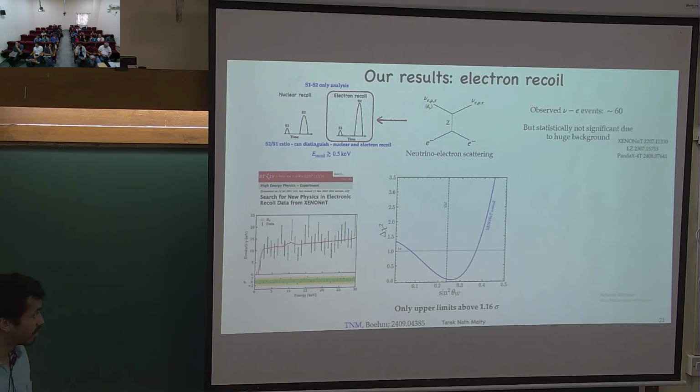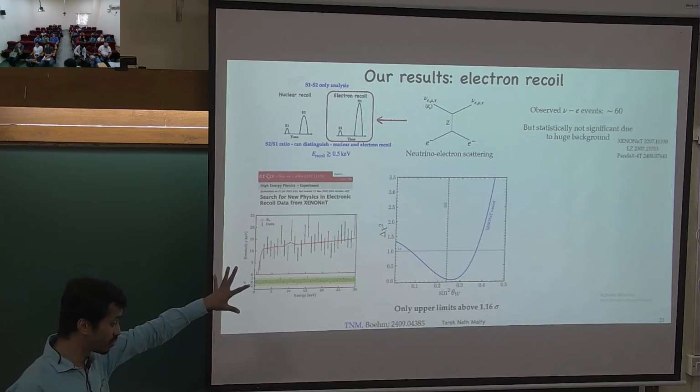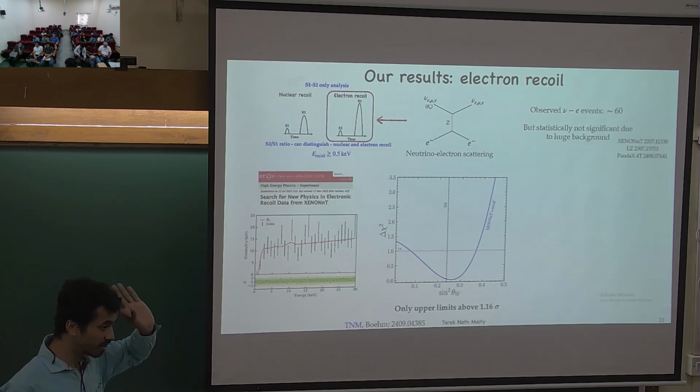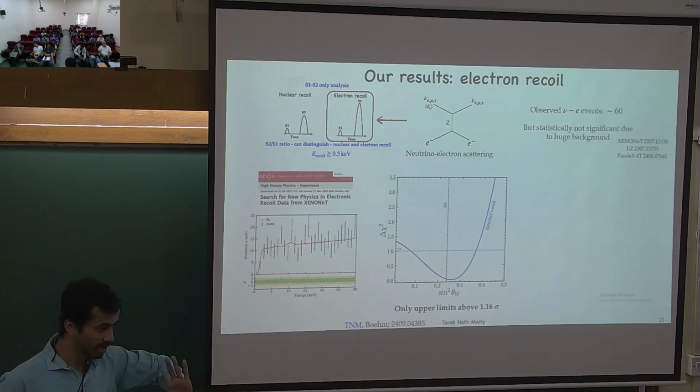PandaX has this contribution in their table. Yes, the most sensitive one is the XENONNT one; they probably understand their background best. Even if you use the PandaX or LUX-ZEPLIN result, you are always going to get some upper limit on the flux. At 1 sigma, you are not going to get any measurement.